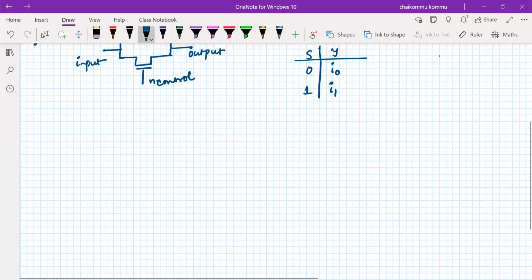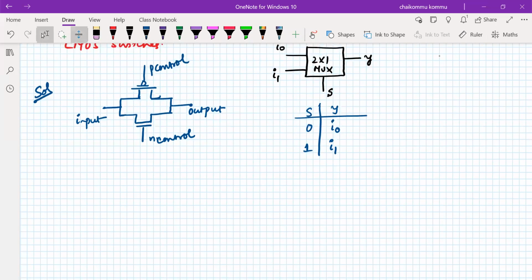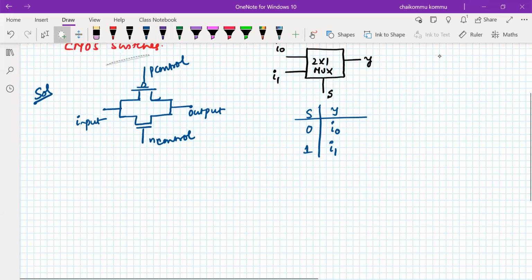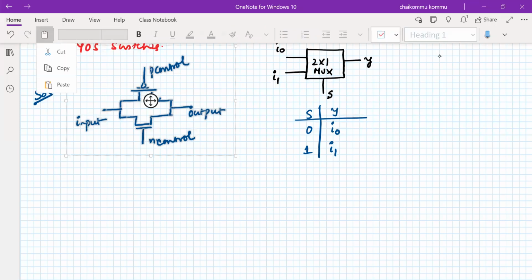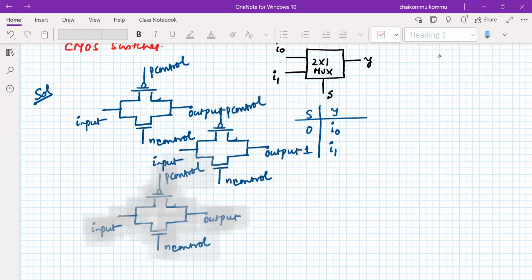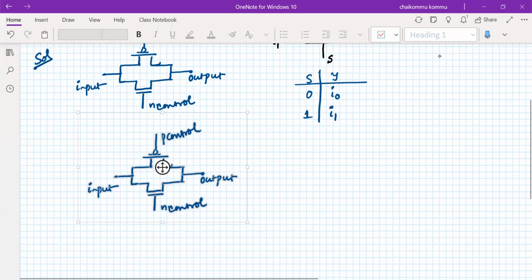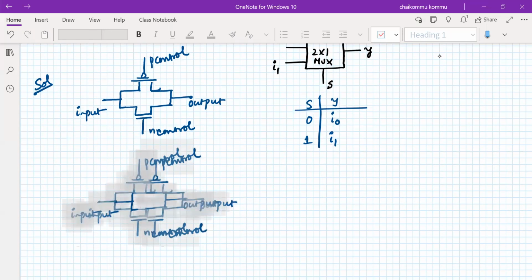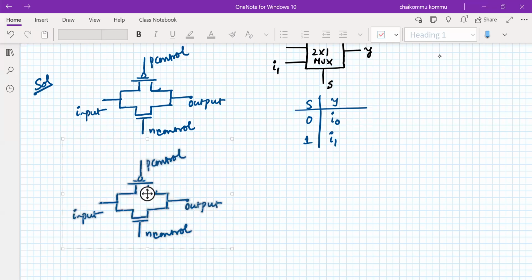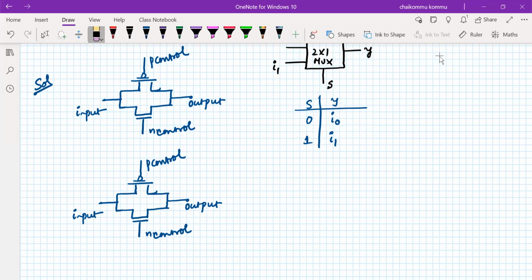So we take 2 switches. I'm going to copy this one and then paste. So this is one switch. Better to modify this switch itself. I'm going to consider the input here. Input is I0.